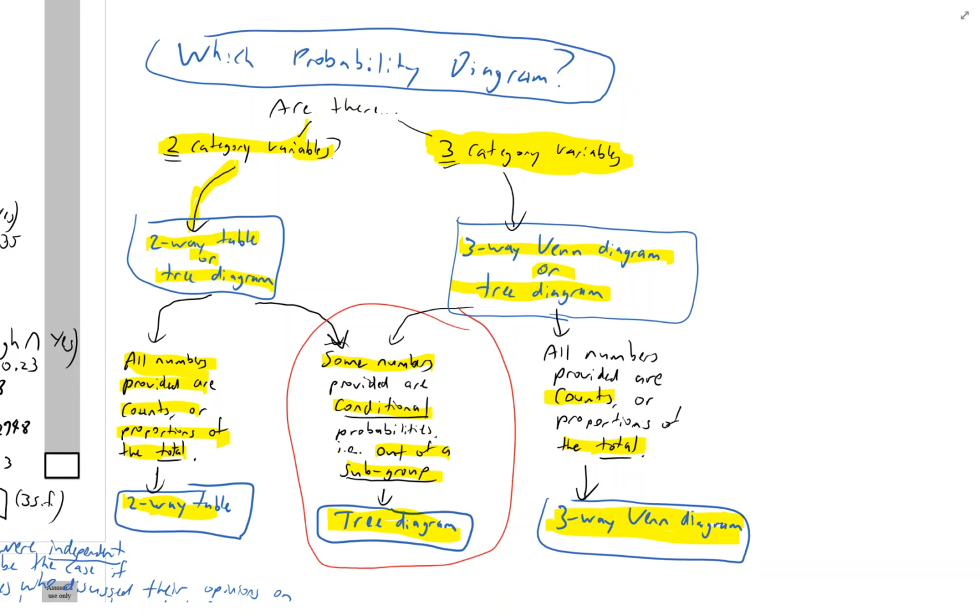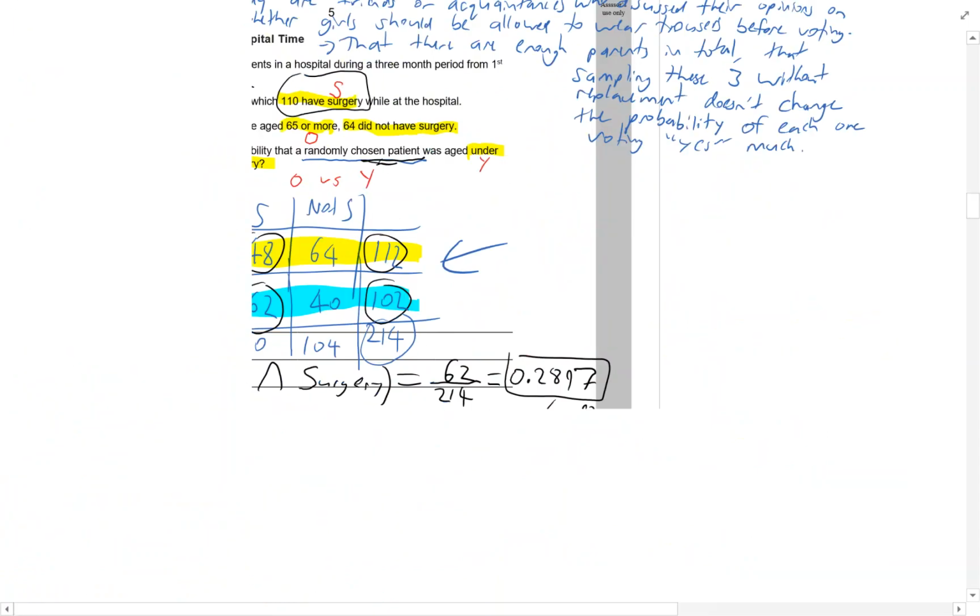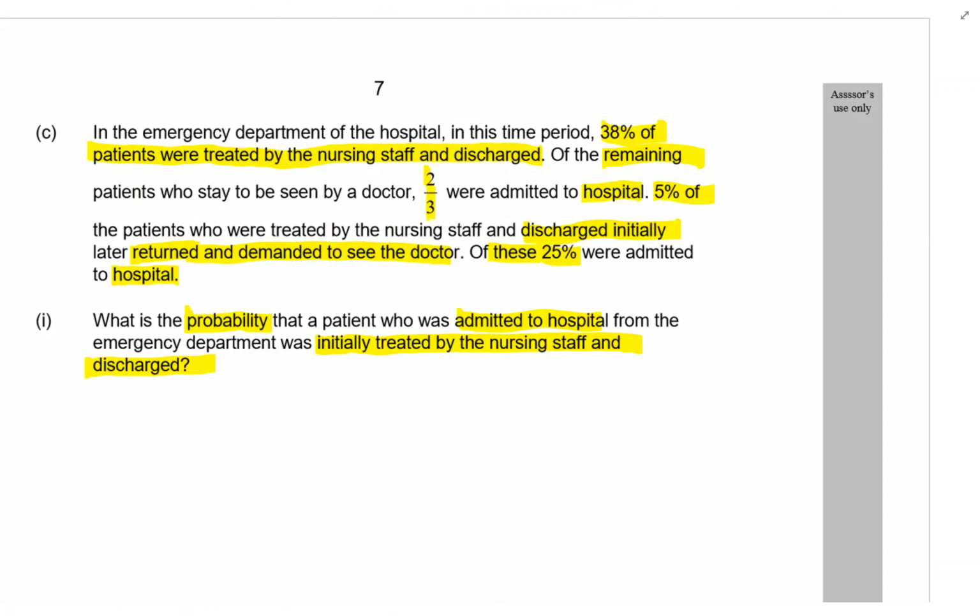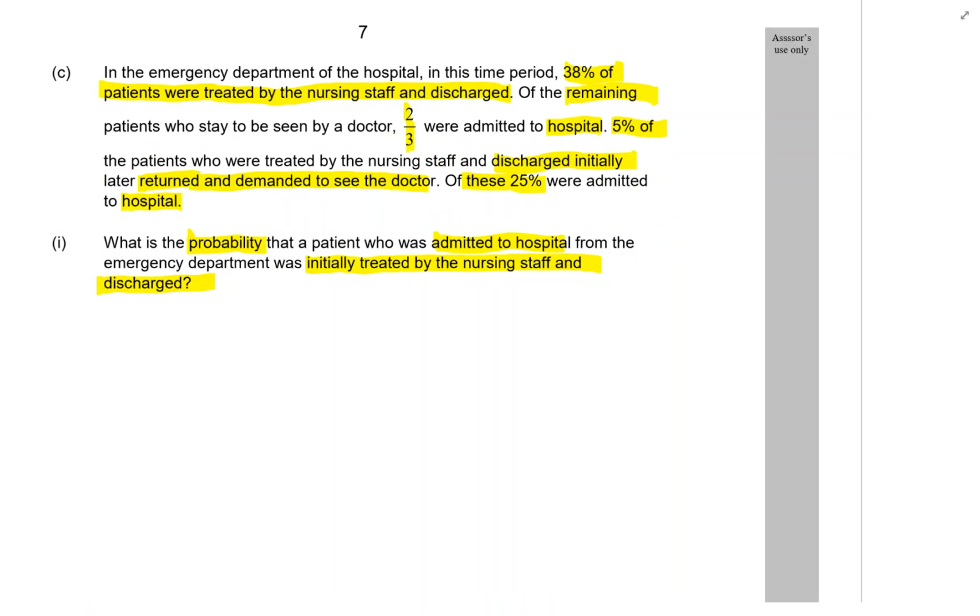Okay? And that's the case here, isn't it? Because if we go back to the question, quite a few of these numbers are actually conditional probabilities. For example, the 2/3 here is not 2/3 of all the patients, it's 2/3 out of the remaining patients who stay to be seen by a doctor.